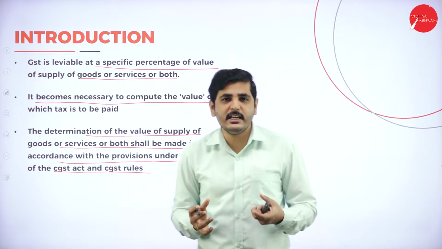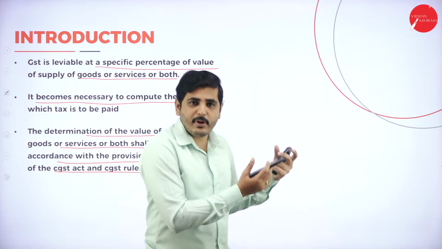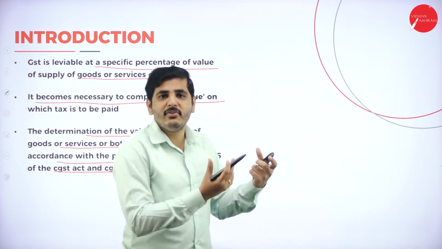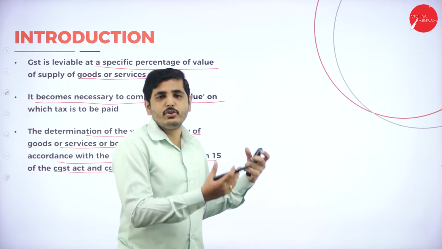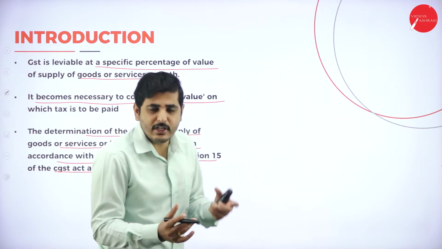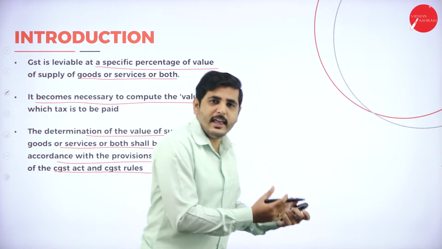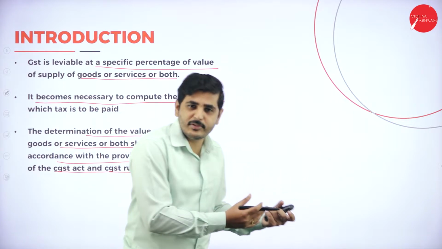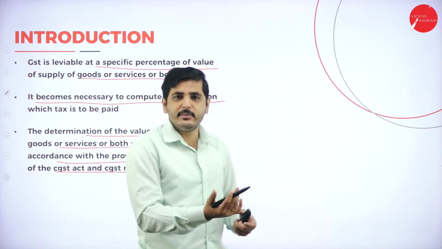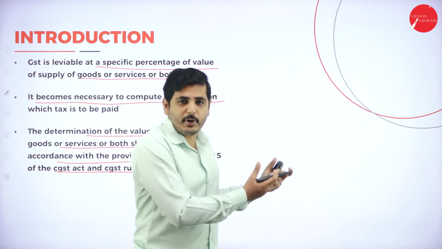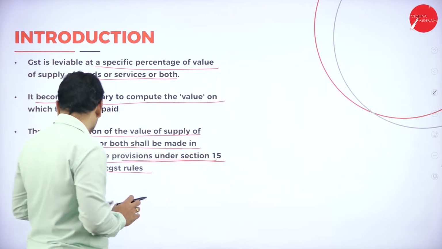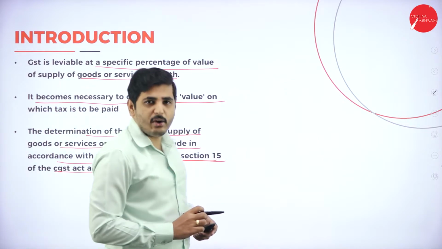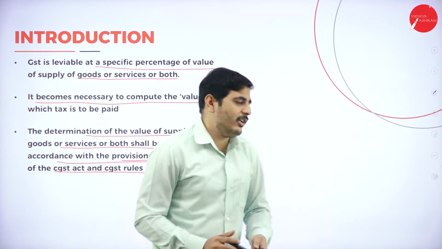So under the CGST and SGST Act, there are some provisions to calculate the value of supply. By using those provisions, we have to include some expenses or other items, and we have to exclude some items. Under section 15 of the CGST and SGST rules, we can calculate the value of supply.